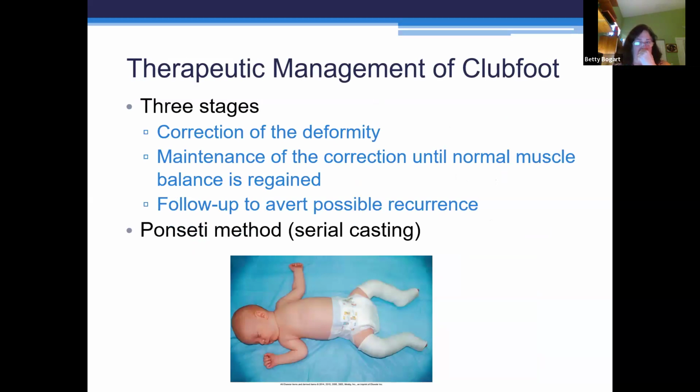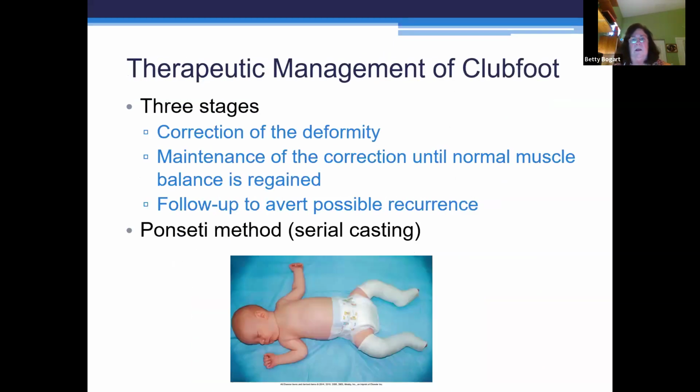So what do we do? Well, as soon as possible, we usually call it the Ponseti method, and that's putting casts on these children, all right?